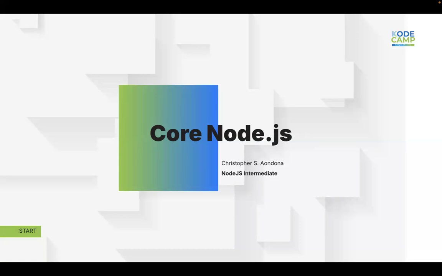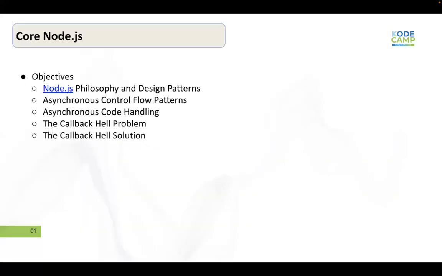We'll be diving into the Node.js philosophy and design fundamentals. So under core Node.js, our objectives for today will be to understand the Node.js philosophy and design patterns, understand asynchronous control flow patterns as well as asynchronous code handling.